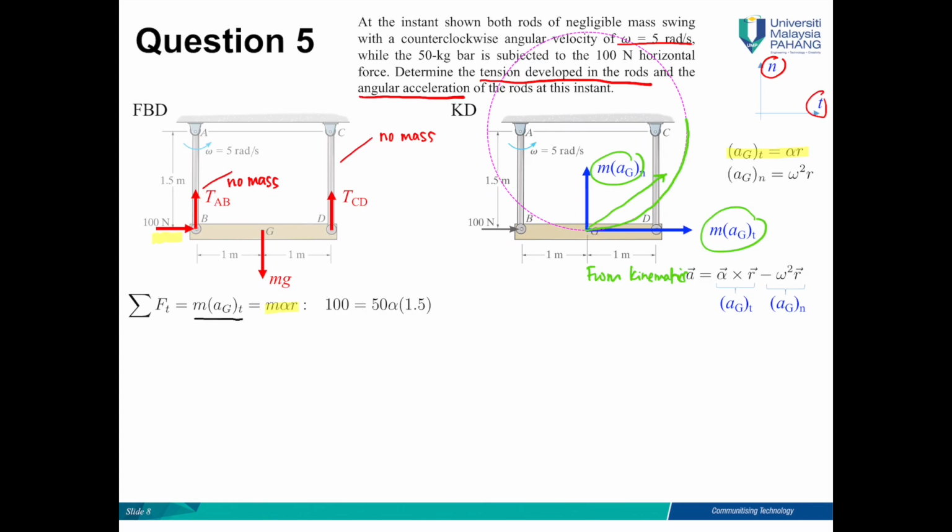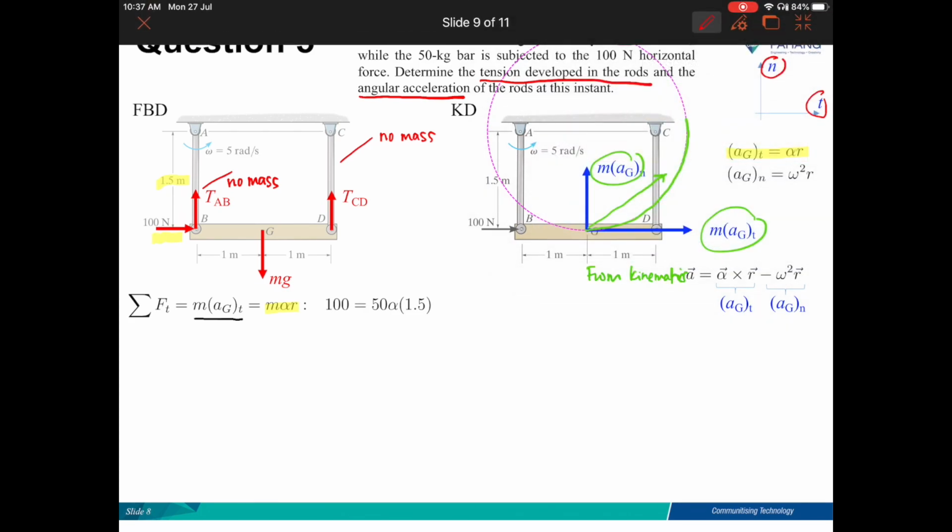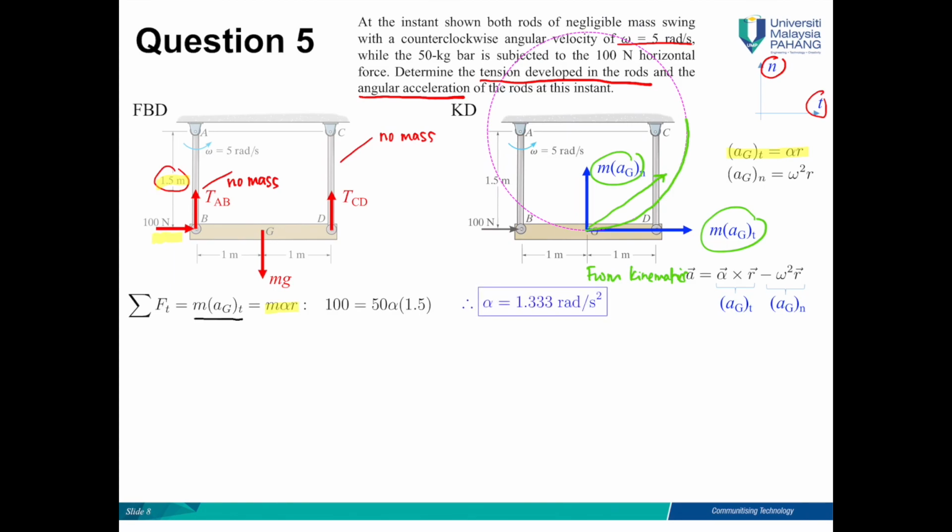What is 1.5? 1.5 is the distance from the bar to the center of rotation at point A and point C. From here we have alpha equals 1.3 rad per second squared. So we have solved the first one, which is the angular acceleration.